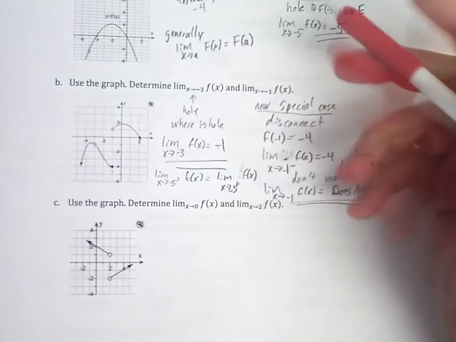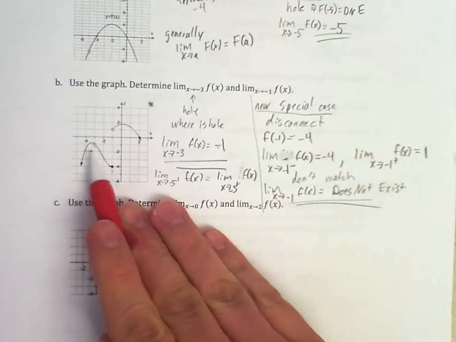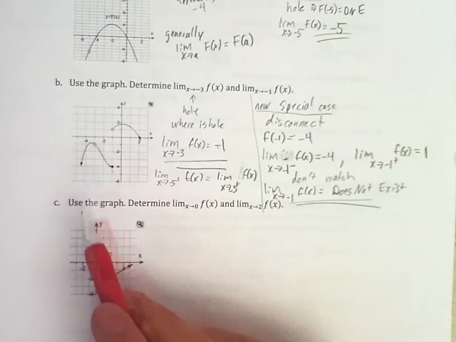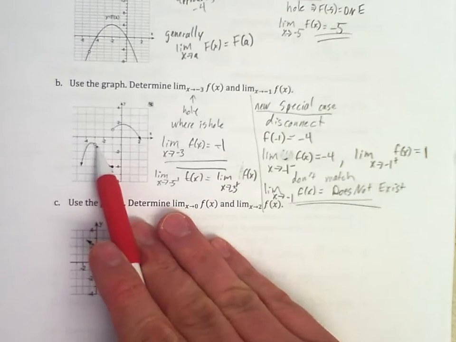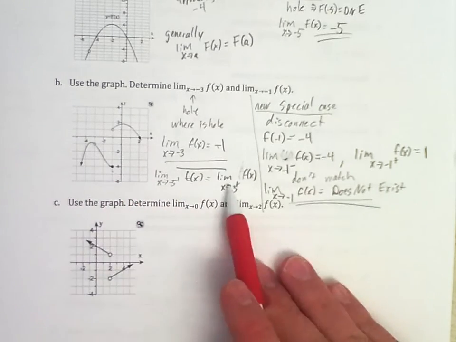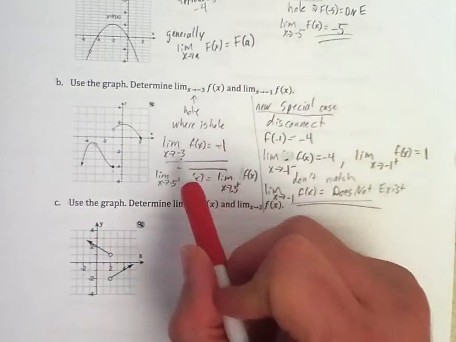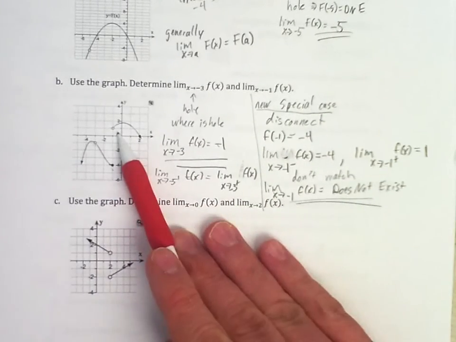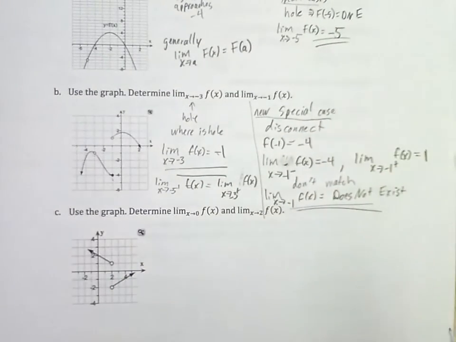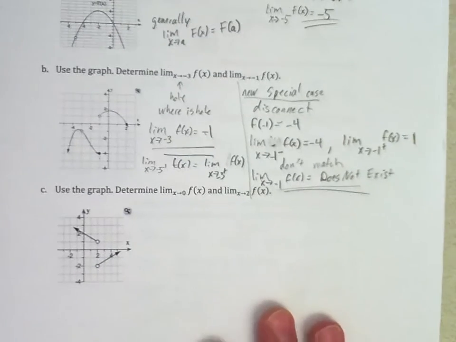Even though we were coming to a hole and there wasn't a value there, from the left side it was heading towards -1, from the right side it was heading towards -1. So those matched up, we have a solution. In this case, they don't match up, we don't have a solution. So we'll see more of that in part C.